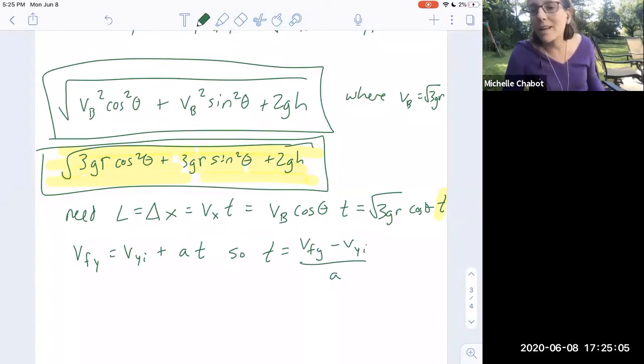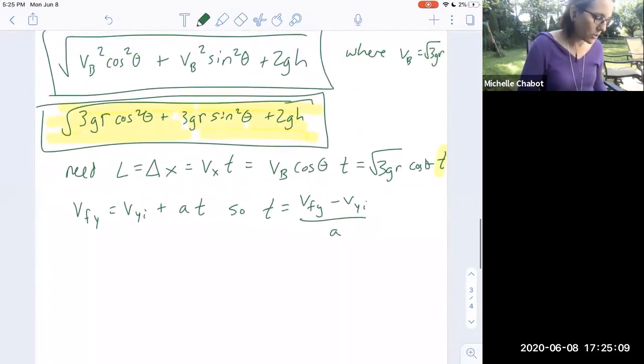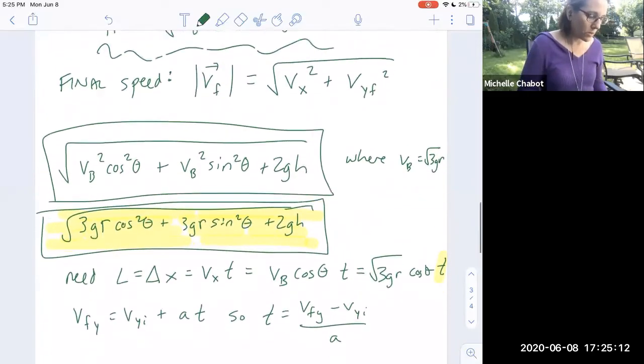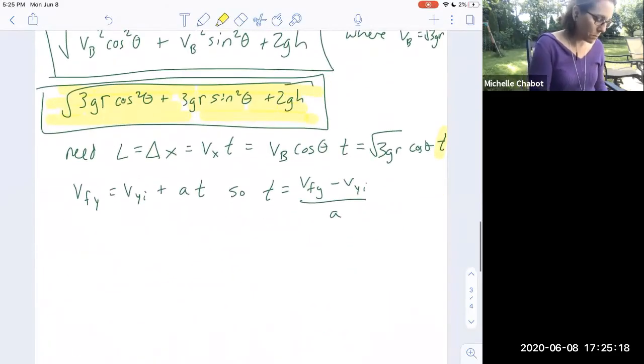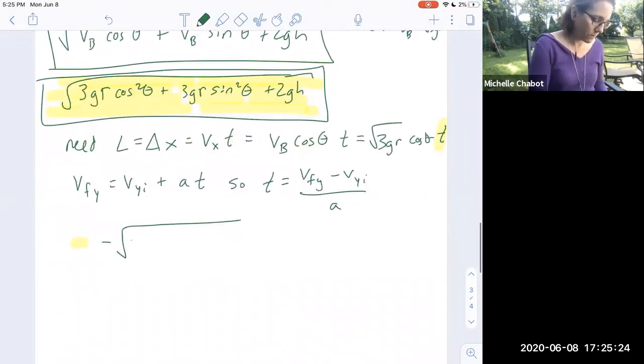And this is where the fact that I needed to take Vy final be negative in order to get the right value here. So Vy final is shown at the top. And so Vy final would be negative, oops, I need to change back, negative square root of Vb squared sine squared theta plus 2gh.